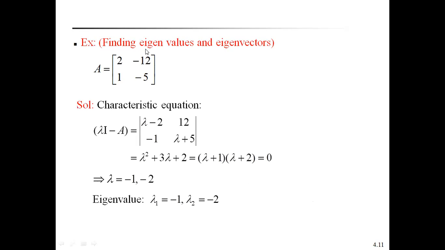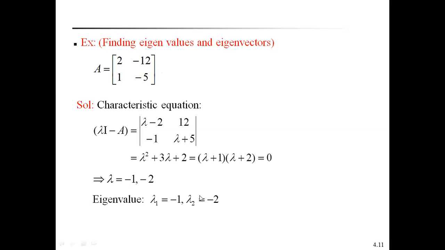First we find the eigenvalues, and then corresponding to each eigenvalue we find the eigenvectors. Therefore lambda 1 is equal to minus 1, lambda 2 is equal to minus 2.